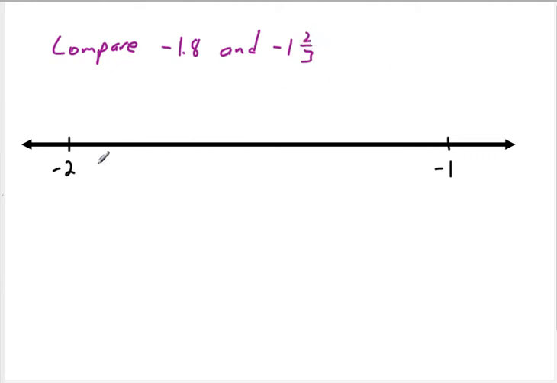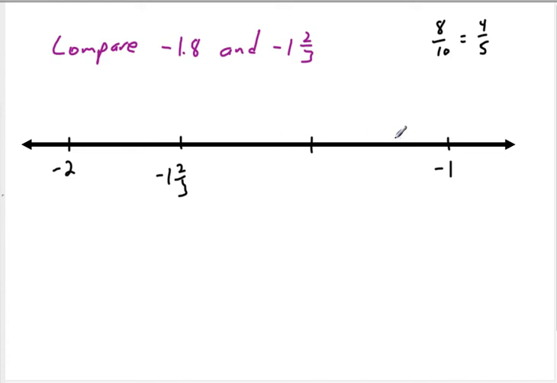Now we can split this distance into thirds because this is thirds here. Won't be perfect, but something like that. So here would be -1 and 2/3. Now we can also split this distance into tenths because this is 8/10. So we have 8/10, but that's also equal to 4/5. So we could split this distance into fifths. There's a lot of different ways we can go here.